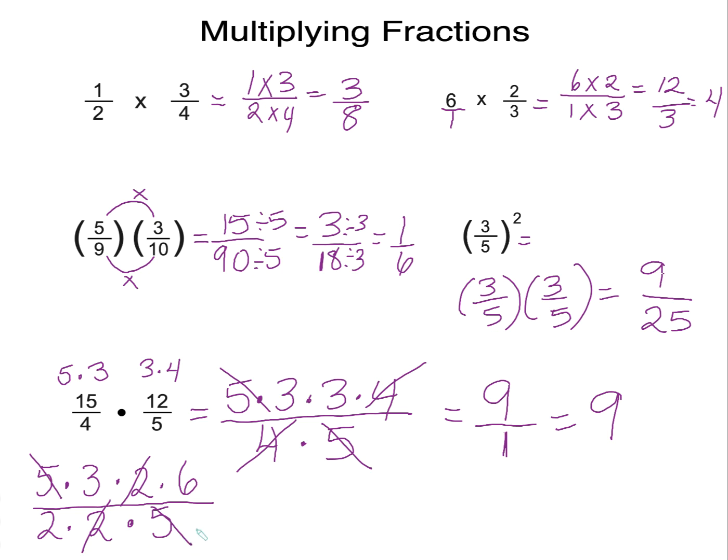These 5s cancel each other out. When you multiply 3 times 6, you get 18. Notice that in the denominator, you just have the 2. And 18 divided by 2 is 9. So it doesn't matter what your factors are, you're still going to get the same answer. Remember, everyone sees different numbers, especially when it comes to factors.